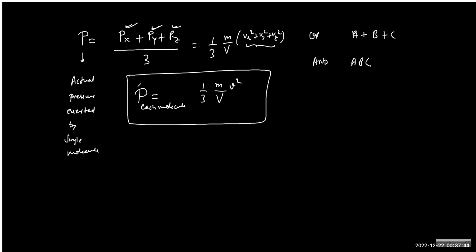But in a gaseous container, how many molecules are we going to have? A large number, isn't it? If I talk about the cluster, because if you remember, we defined pressure for the cluster, and in one cluster I assume there are n molecules, and the same will repeat. Assuming all are identical in the cluster, the pressure of the first molecule will be 1/3 of m by V times V1 square.